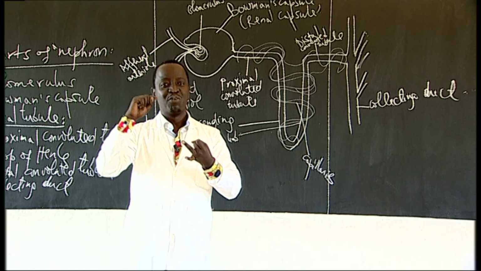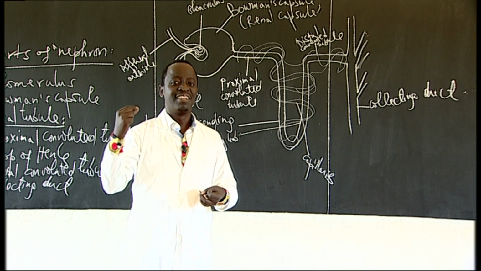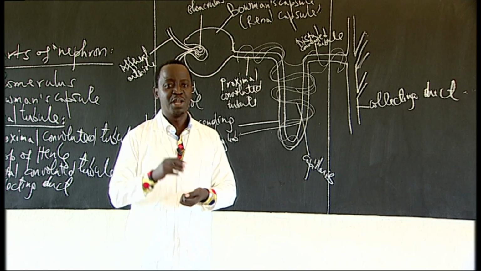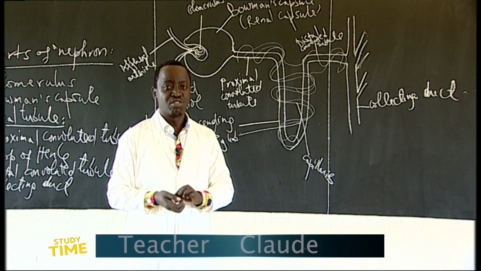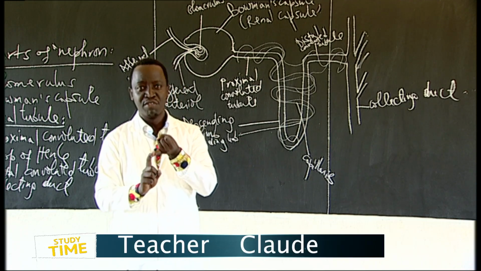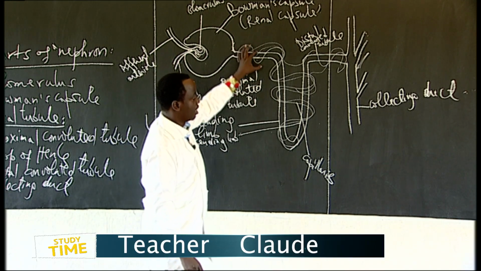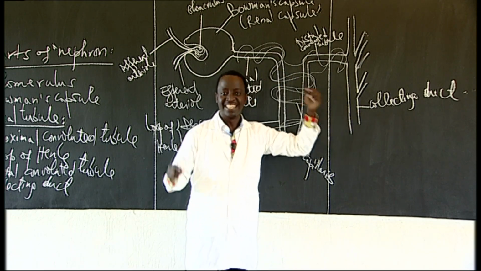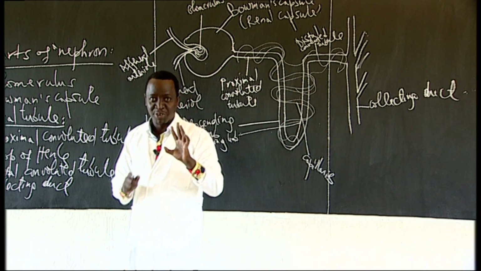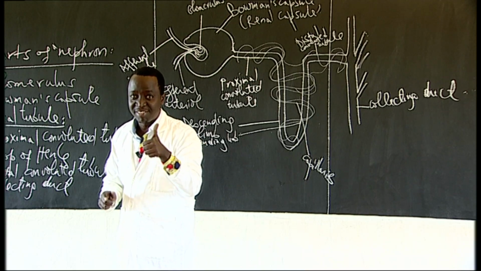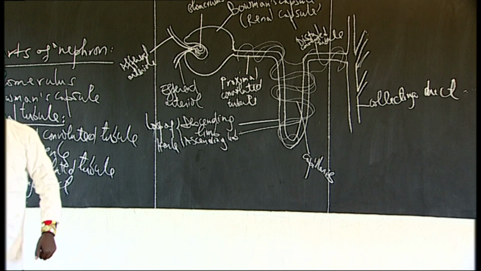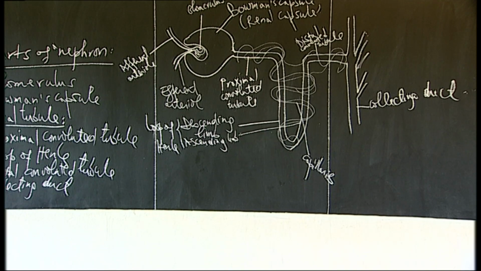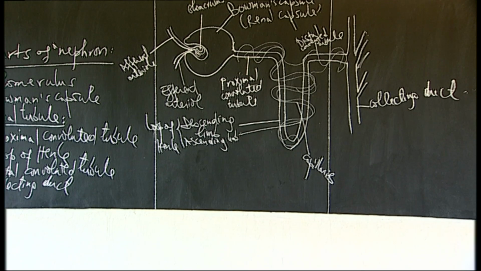We have Bowman's capsule where the glomerular filtrate passes through. And then we have the renal tubule, which is composed of the proximal convoluted tubule, loop of Henle, distal convoluted tubule, and the collecting duct. I hope you have understood.